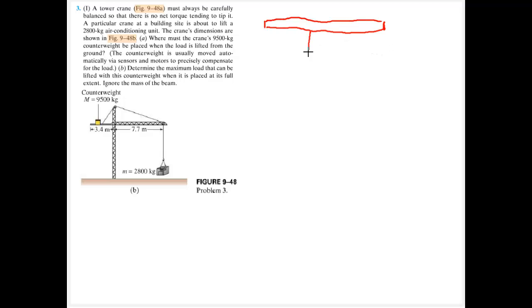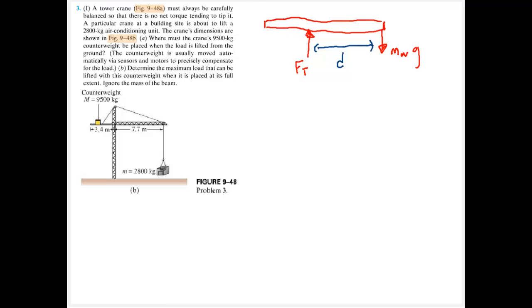It's being supported by the tower, so there's going to be some force of the tower in the upwards direction. We're going to have the mass of the weight that you're lifting multiplied by gravity on the far end. We know that this distance right here, I'm going to call that lowercase d, is 7.7 meters.